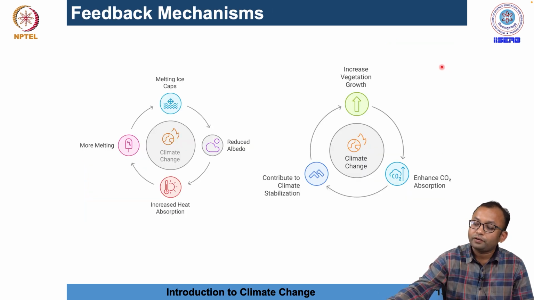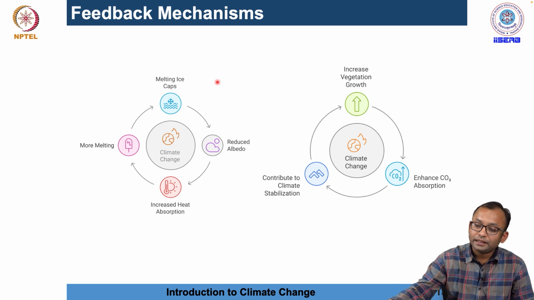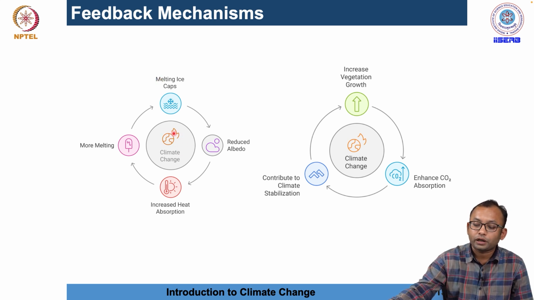As we have already discussed in lecture 1, there are some positive feedbacks and some negative feedbacks. For example, a positive feedback: if there is more climate change, there will be more melting of ice and ice caps, or glaciers.